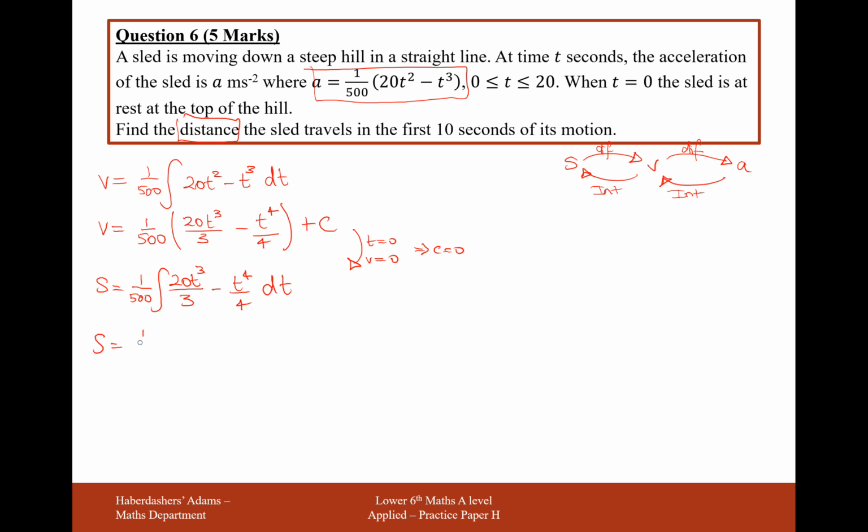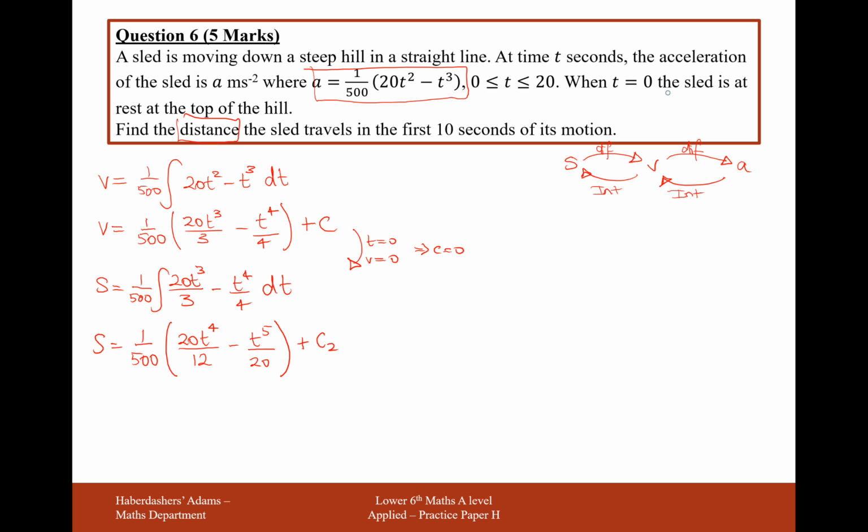So what we're going to get here is 1 over 500 bracket, increase the power by 1, so it's now a 4, divide by the new power and we get 12, minus t to the power of 5, divide by the new power and we get 20 on the bottom there. And we must remember as well to add plus c, let's call it c2 here.